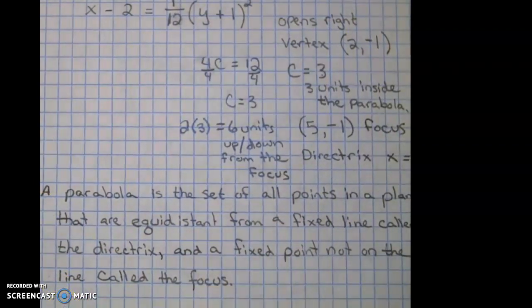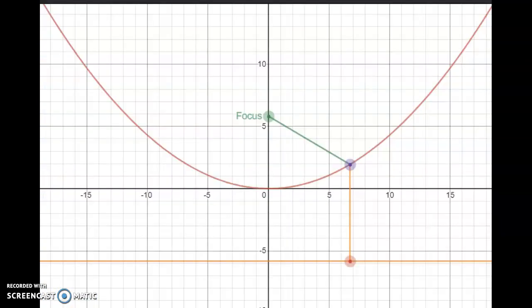Now let's take a look at a visual explanation of this definition using Desmos. Let me go over here to Desmos. Notice it says that a parabola, that's this U shape here, is the set of all points in a plane that are equidistant, so this distance right here and this distance right here. This point right here is equidistant from a fixed line called the directrix, so this distance is going to be equal to the distance to a fixed point not on the line called the focus.